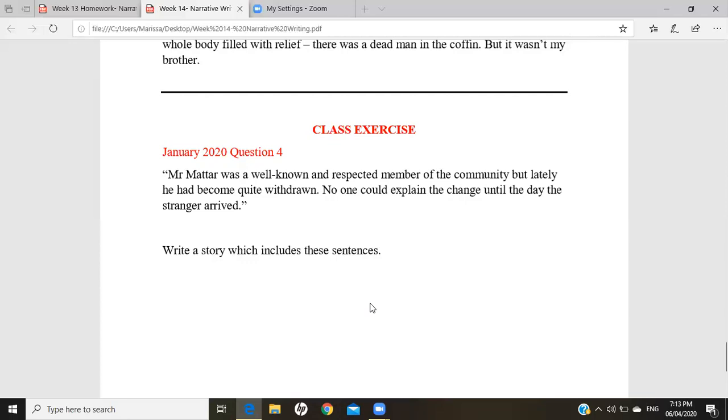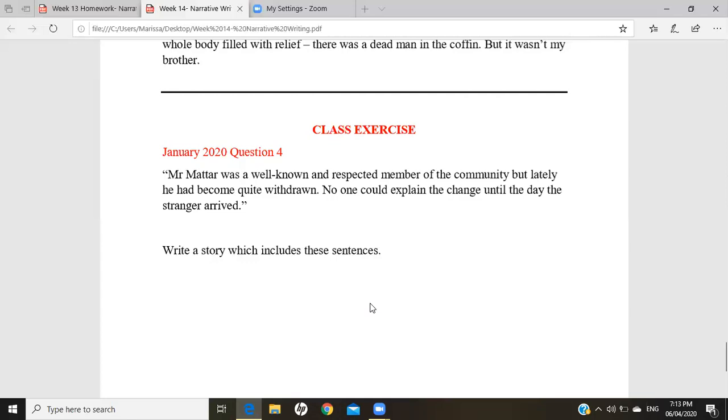So I want you all to practice writing the story, and just remember not to separate the sentences. They must be together, just as they were in the question. So do you all have any questions about this exercise, what is required of you, anything that was on this handout? No. Yes, Marie.